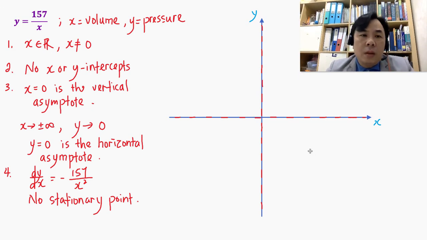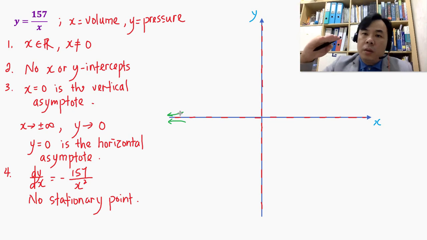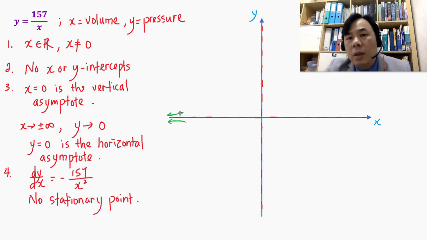Which partitions will the graph exist in then, and how does it look? Because y equals 0 is an asymptote and x equals 0 is also an asymptote, the graph will be approaching from this direction or from this direction here, getting closer and closer to the asymptote.